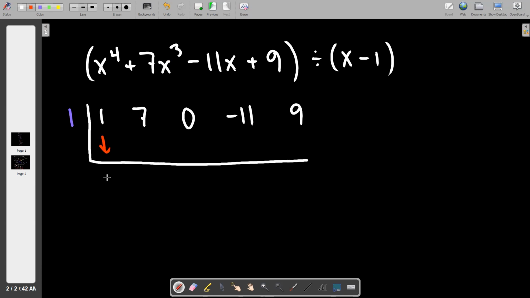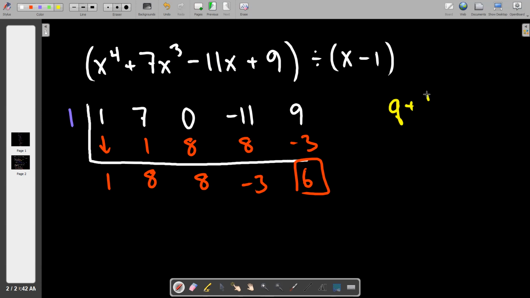And let's do our thing. All right, drop your 1, multiply, add, multiply, add, multiply, add, multiply. What can we say about x minus 1? It is not a factor. It means that the answer to this problem has to be expressed as q plus r over d. You can't just write the q.